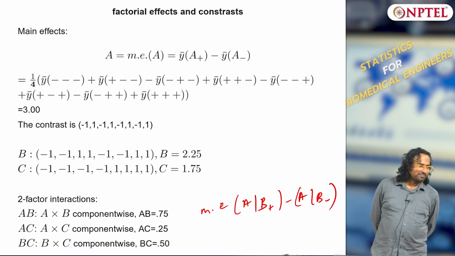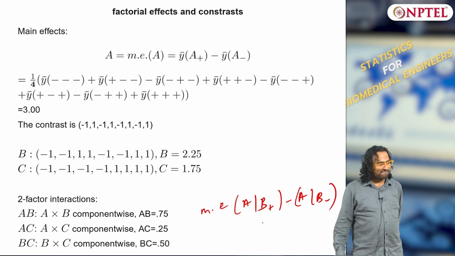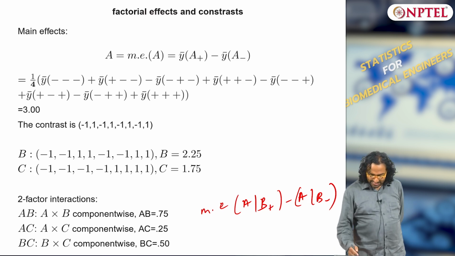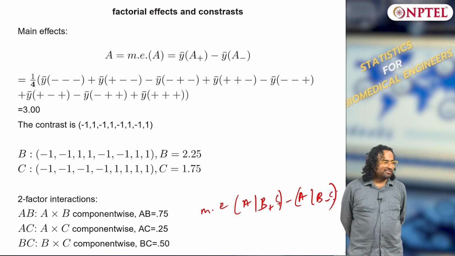What is the condition? Then you have one more conditional probability. Is it A given B plus and C plus minus A given B minus and C minus?